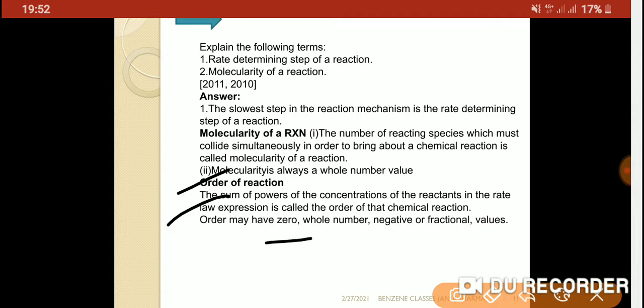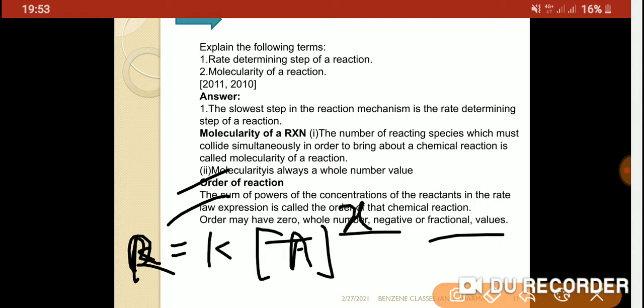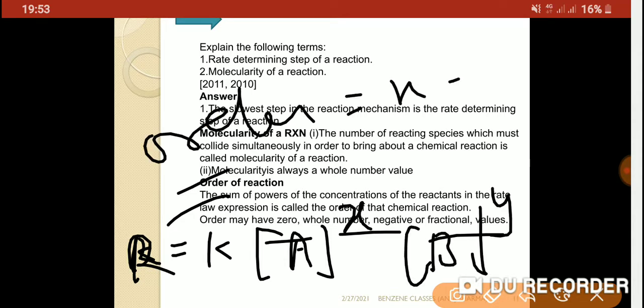Order may be 0, a whole number, negative or fractional. I also told you, if you have the rate law, rate r equal to k, active mass of A to the power x and active mass of B to the power y, then the order will be x plus y. You add the powers of the active masses of A and B, and you get the order.